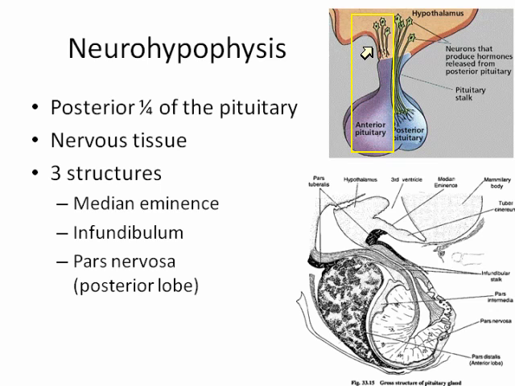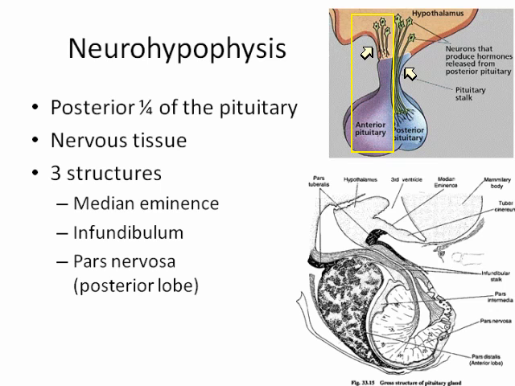They do not continue through, as compared to the neurons on the posterior pituitary side. Anterior pituitary, those neurons stop at the infundibulum. The hormones diffuse across into that portal system. They are delivered to the anterior pituitary that way.